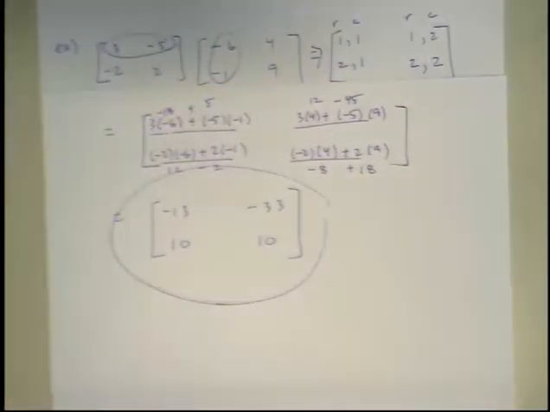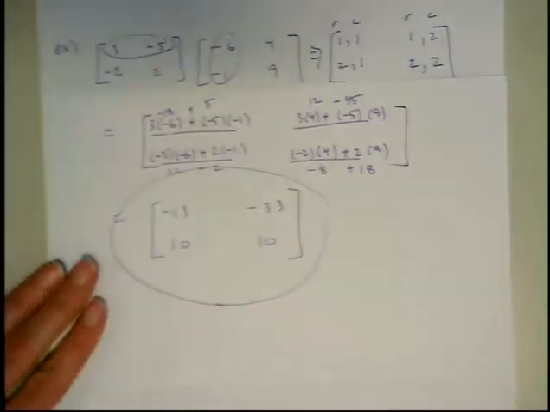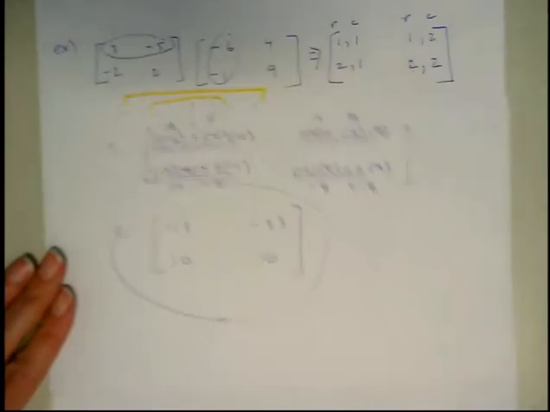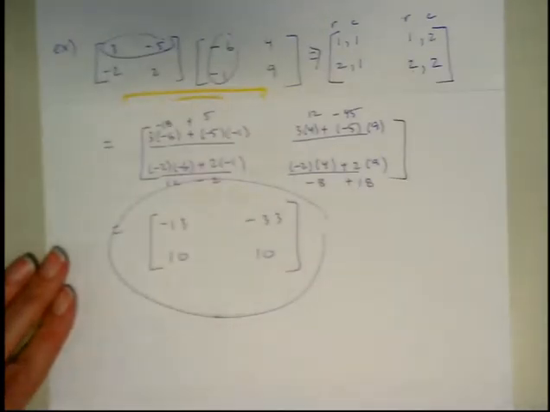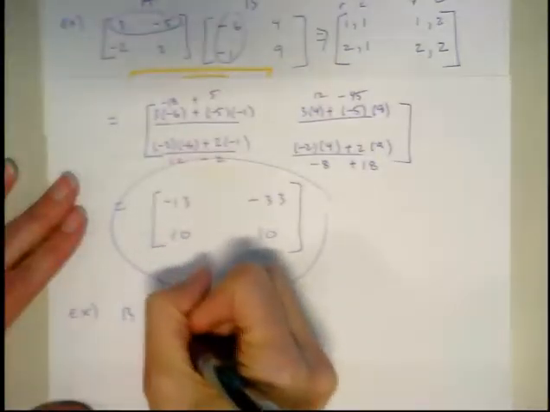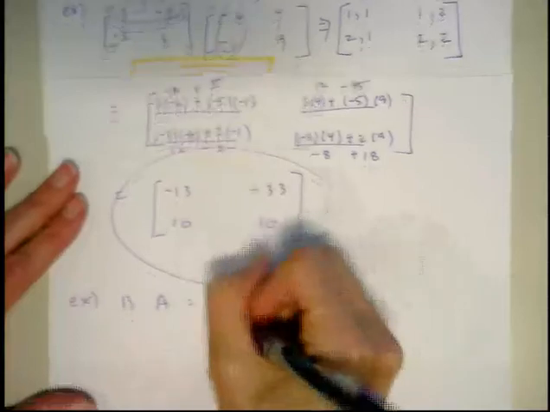Not all of these are compatible, so you have to be really careful when one isn't compatible, that you're not doing the multiplication anyway. I want to do this multiplication just one more time, and I'm going to switch these. So this is A and this is B. I'm going to switch this and do instead B times A. Let's rewrite it.